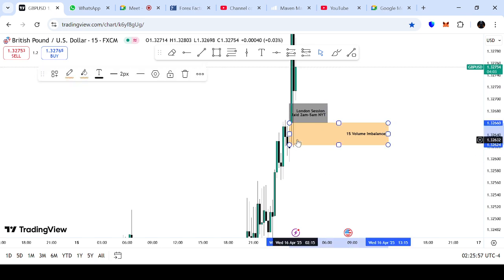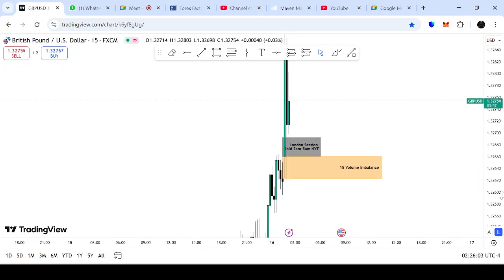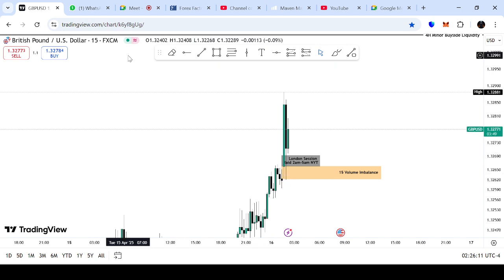Note that volume imbalance. You can see a price delivery there by 2 a.m., which is the starting point for London session rate. They deliver inside the volume imbalance under 15 minutes. Watch the time frame there. The volume imbalance, you can see the rejection block. That's the long wick there.